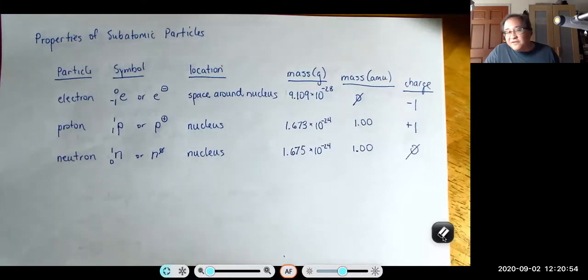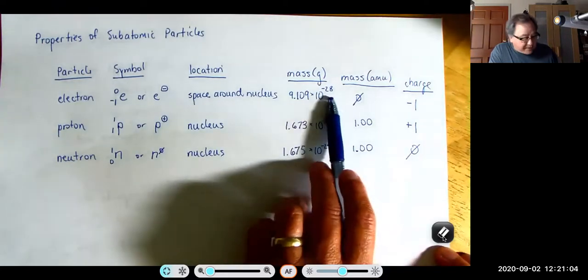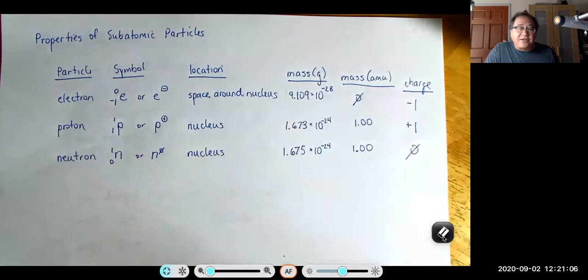So they differ by about 1 out of 1,000. In other words, they're basically the same mass. However, when you look at the mass of the electron and you notice that this is -28 compared to -24, it turns out that the electrons are 2,000 times less massive than the proton or the neutron.